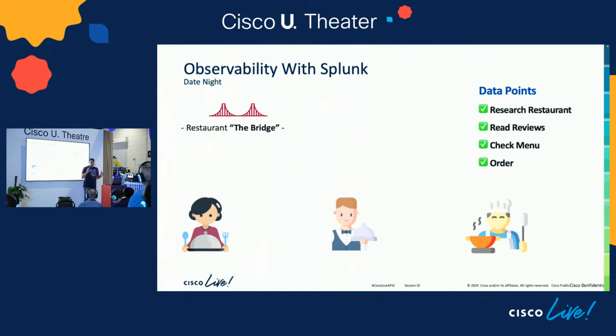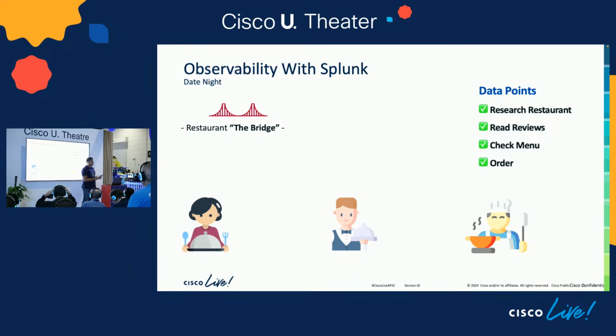Think about this scenario. You are planning a date night, or maybe you want to go out to dinner. A typical logical process is you check the weather as a data point. You see what you're going to wear. Potentially check reviews for the restaurant you want to try out.